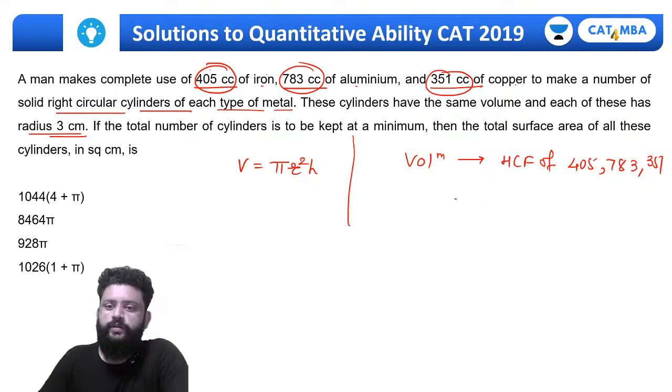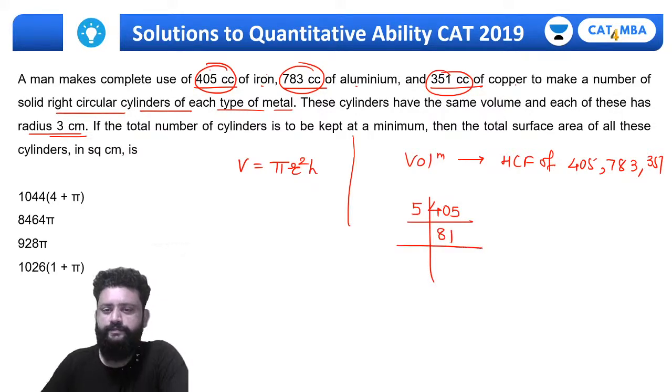So if you solve this, 405, we can write this as 5 into 81 into 27.